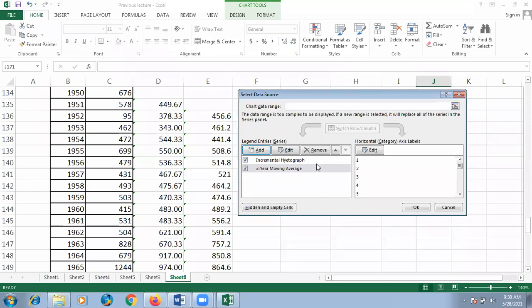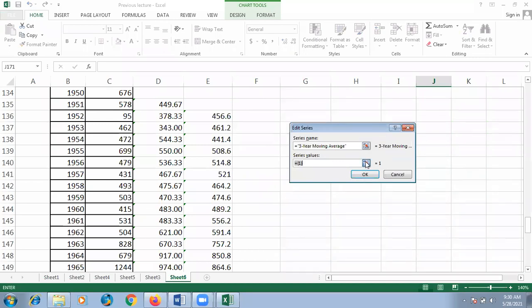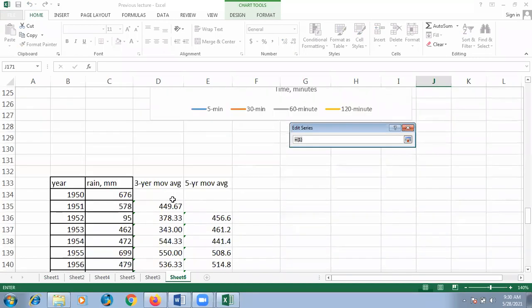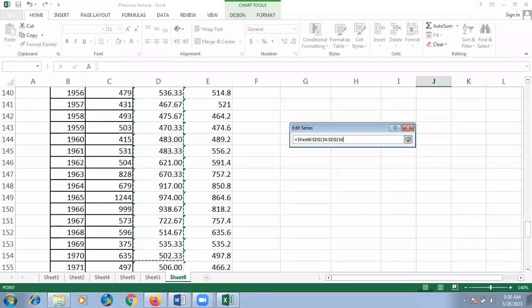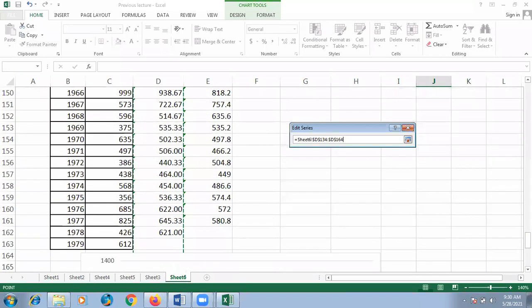So 3-year moving average. And then I will take the values for the purpose. So I am taking the values here. Values are taken.